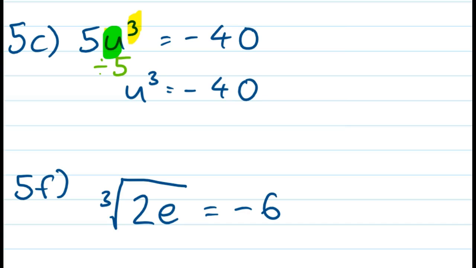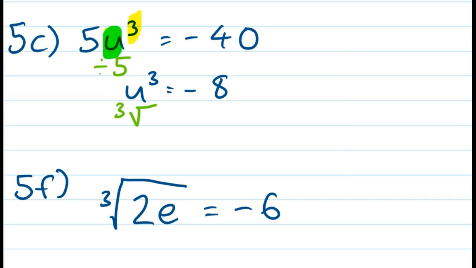Okay, so the question is, what times itself 3 times makes, oh sorry, and I should have divided the 40 by 5, makes negative 8. I apologise for that. Okay, what times itself 3 times makes negative 8. So what you can do is press this button on your calculator, and that asks that exact question.